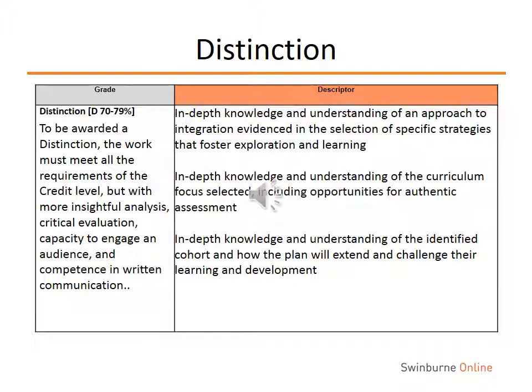Demonstrate that you have a really good knowledge of the curriculum and that you can implement authentic learning assessment. That you understand the cohort. You understand how this age level will need to learn. How are you going to challenge them?